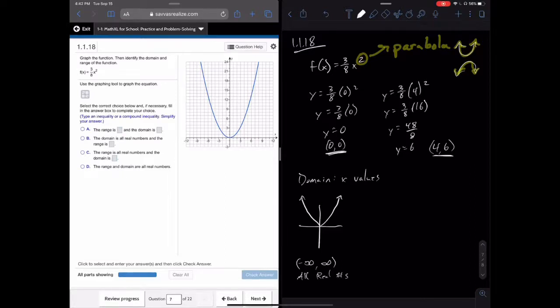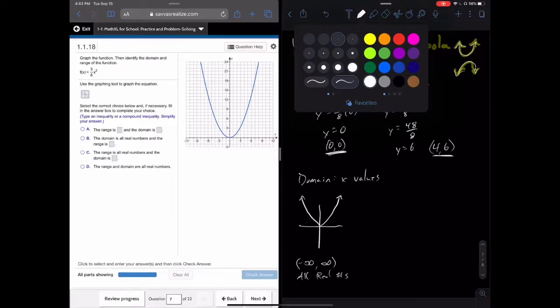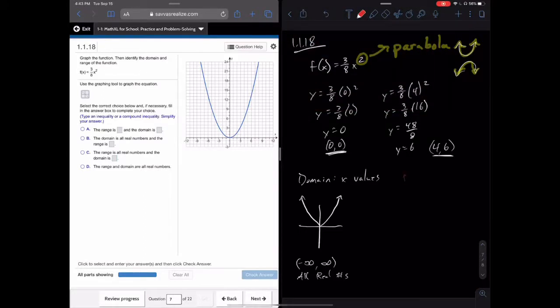On the other side of that, let's change colors here. My range would be my y values. If I draw that sketch again, what are my y values? My graph goes up forever, but it doesn't go down. It stops at the x-axis and doesn't go below it.